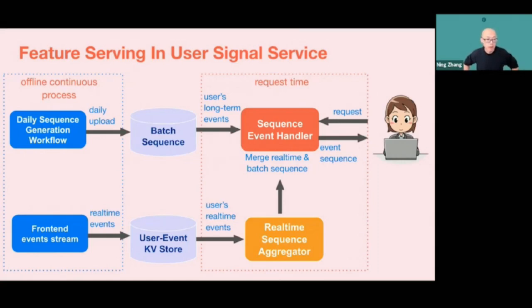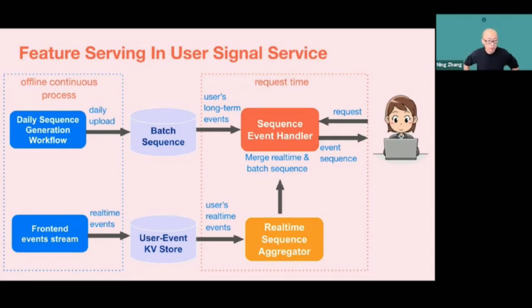As you can see from the left-hand side, we have an offline continuous process to handle the batch processing, the daily sequence generation workflow, to get the last 3 months of user sequence into the batch sequence database.